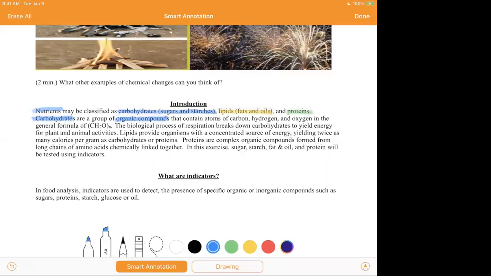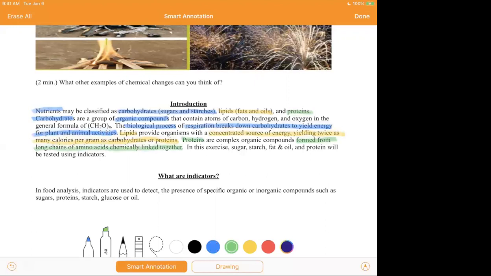The biological process of respiration, that's going to come up again, breaks down the carbohydrates to yield energy for plant and animal activities. Lipids provide organisms with a concentrated source of energy, yielding twice as many calories per gram as carbohydrates or proteins. Proteins are complex organic compounds formed from long chains of amino acids chemically linked together.